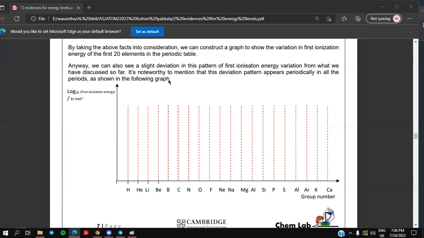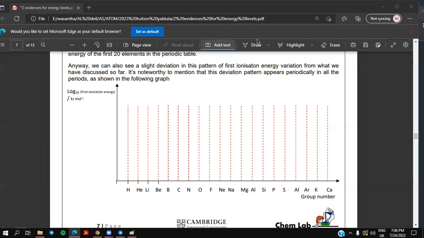Let me first construct the variation in first ionization energy from lithium to neon. Lithium is group 1, neon is group 8. So 1, 2, 3, 4, 5, 6, 7, 8.